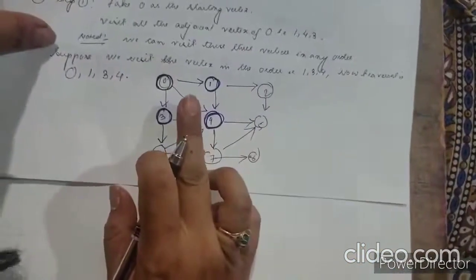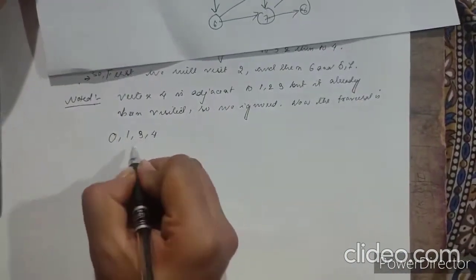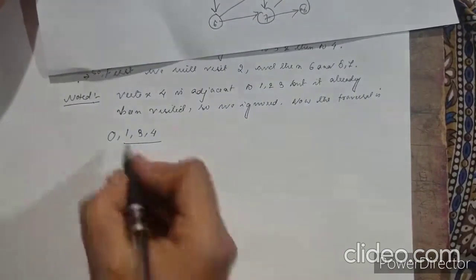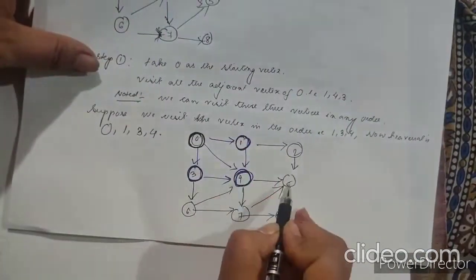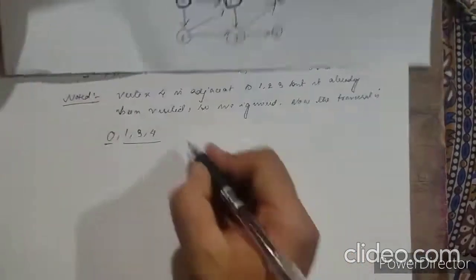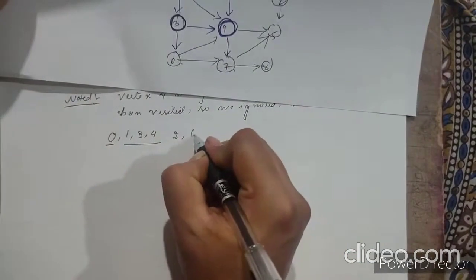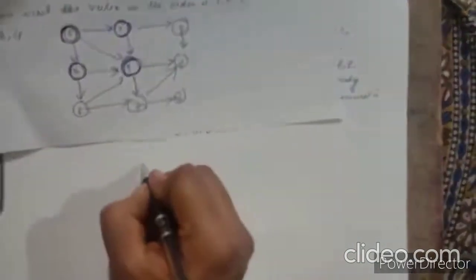Now the traversal is: what are the traversals? 0, 1, 3 and 4. This is the first one, the starting value. Next is 2, 6, 5 and 7. So let me draw this.